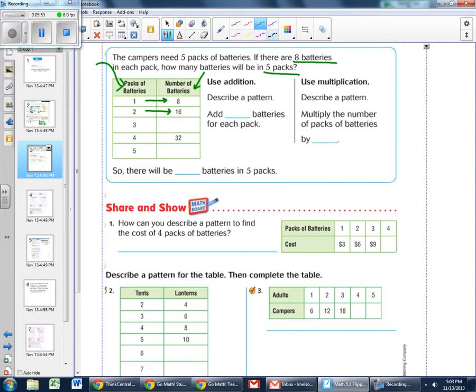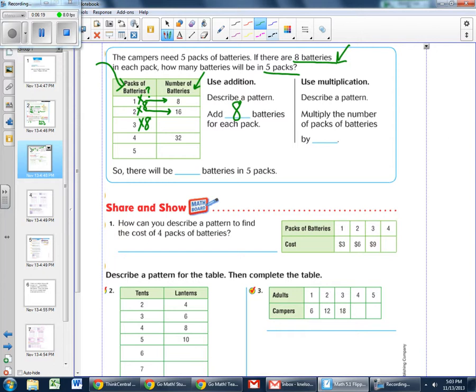If you think about what times 1 would give you 8, you would repeat that pattern here. Because there are 8 batteries per pack, you're going to multiply each one of these by 8. Okay? So to describe the pattern, you're going to add 8 batteries for each pack.